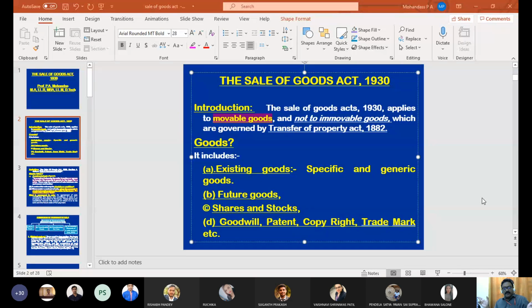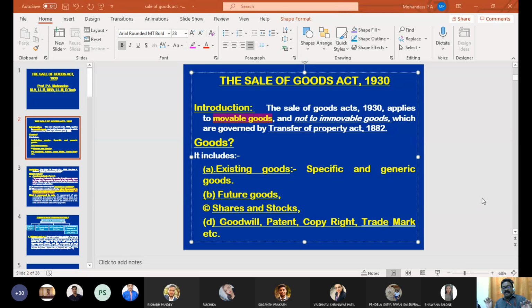Contract remains the same. Again, Tejas tomorrow goes and buys a car from a Maruti showroom. It is a sale of movable goods contract. Contract is applied everywhere. Tomorrow, when you buy a house, it is a sale of immovable property contract. Similarly, when you take a house on rent, it is a rental contract.